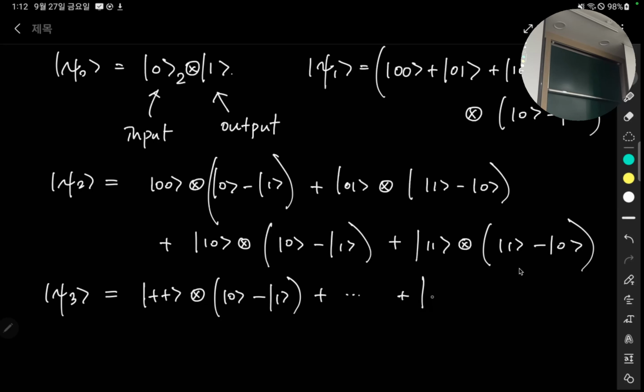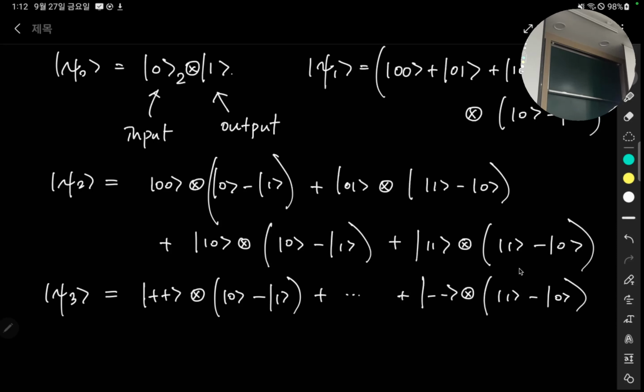So it's minus minus at the end. You could expand all the terms into zeros and ones and then see if there is any ket state of zeros only. But let's be a little bit clever.